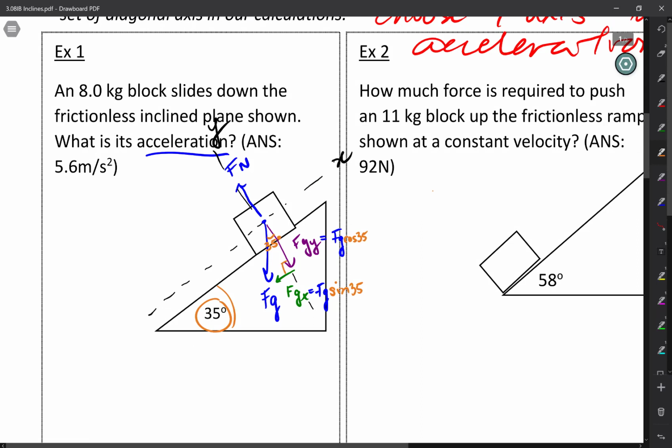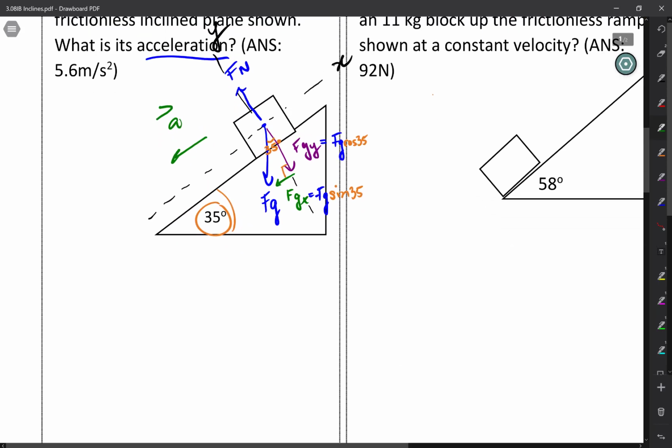I am going to try to find the acceleration down the incline. So this is looking at down the incline this way. Notice that we have one of the axes in that direction. So looking at the acceleration on the x, we use F net is equal to mass times acceleration. The only force that is along the x direction is FGX, and this is equal to mass times acceleration.